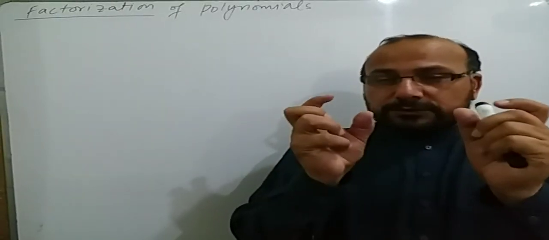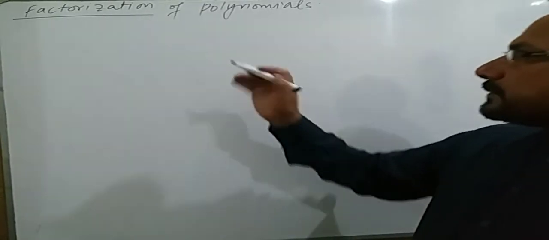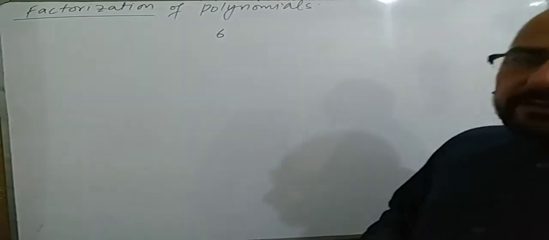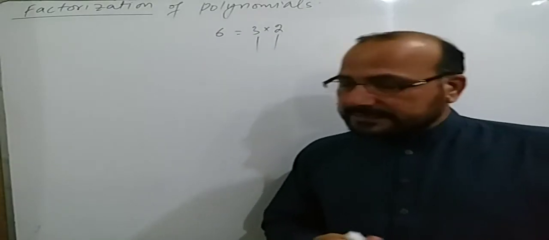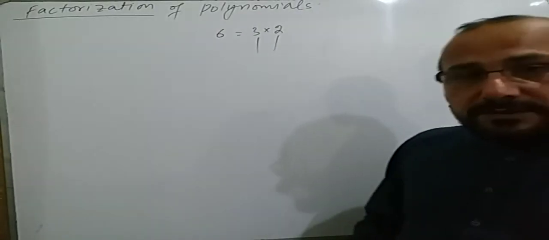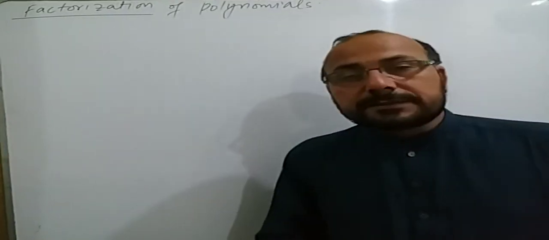When you write the multiplied form of a single number, for example, if you have the number 6 and we write 3 multiplied by 2, it means 2 and 3 are the factors of 6. This is basically called factorization. We can do factorization of a single term, double term, or triple terms.